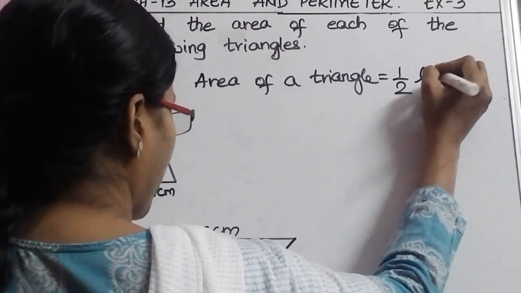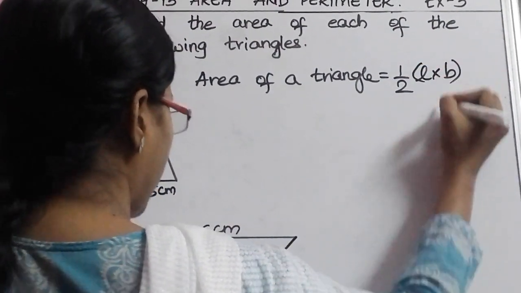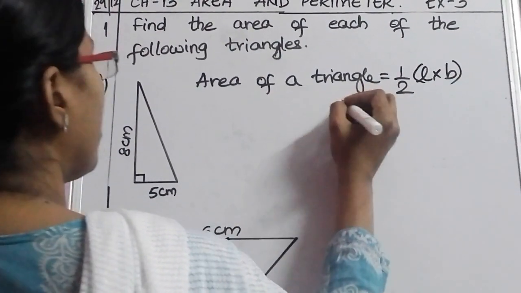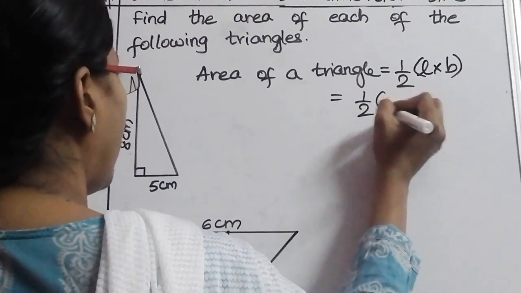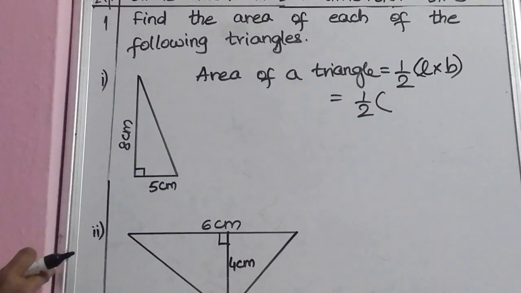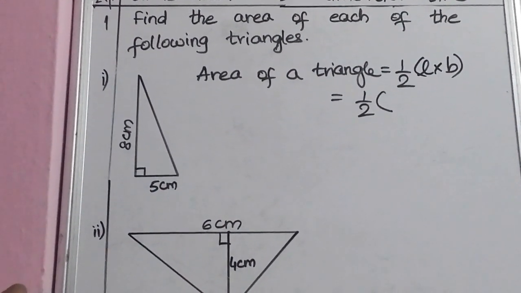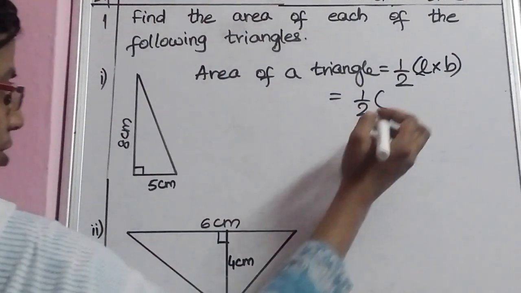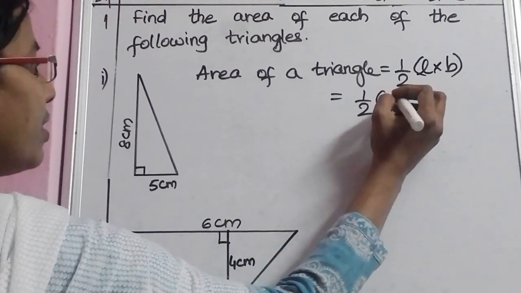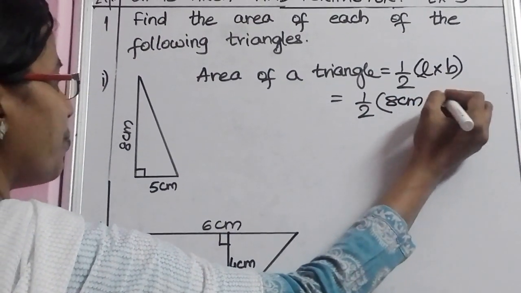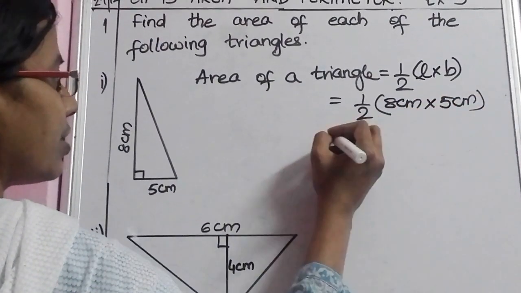So here we are going to use half length into breadth. Length is 8 centimeters and breadth is 5 centimeters.